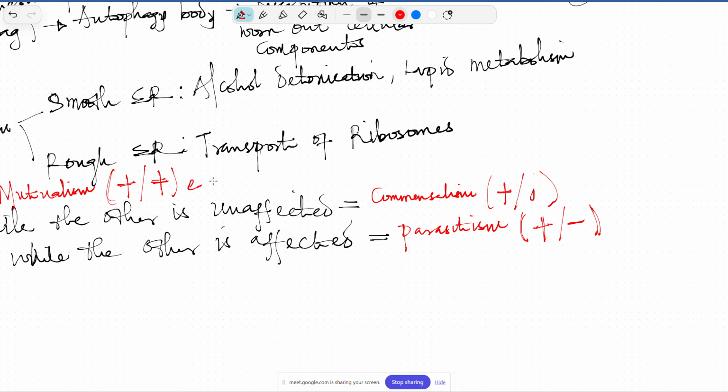So here, for example, those involved in a mutualism relationship, you can have, for example, fungus and an algae in a lichen.